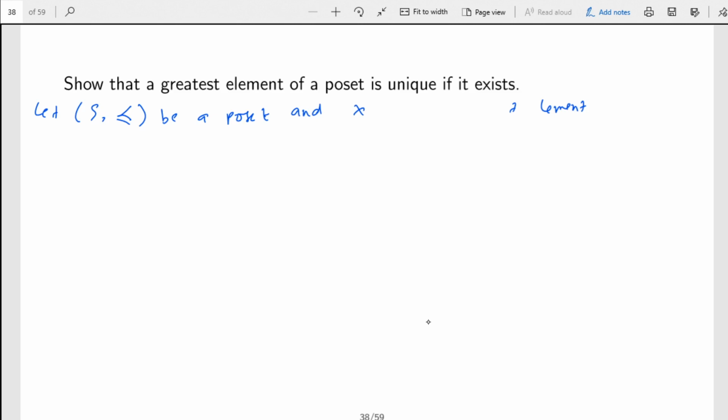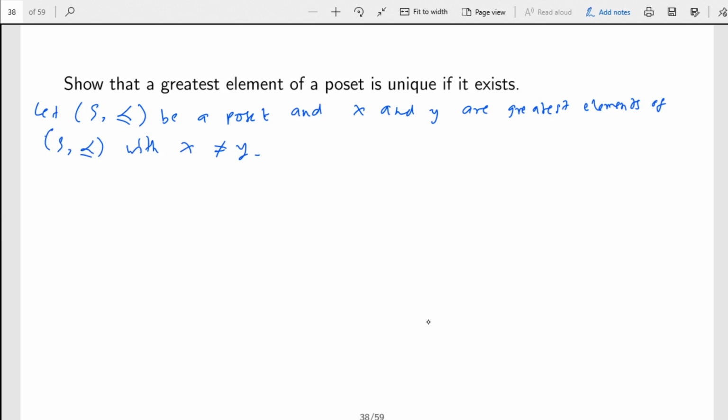To go a bit more direct, suppose we have a poset and x and y are greatest elements of the poset, with x different from y.